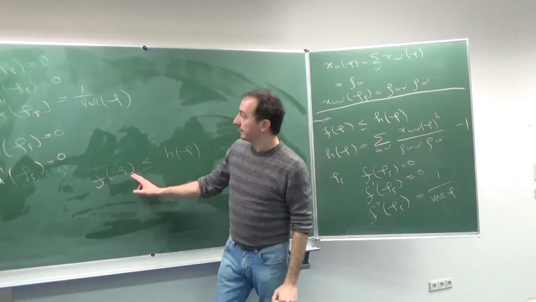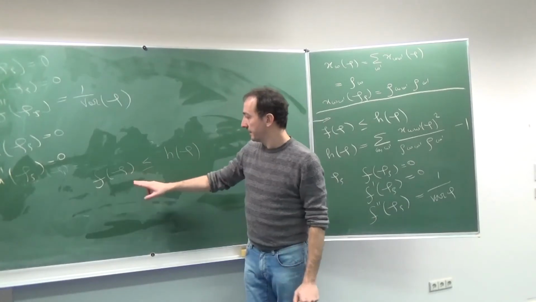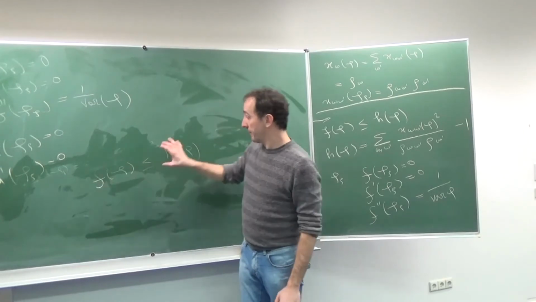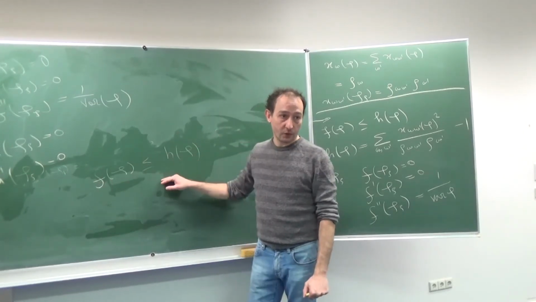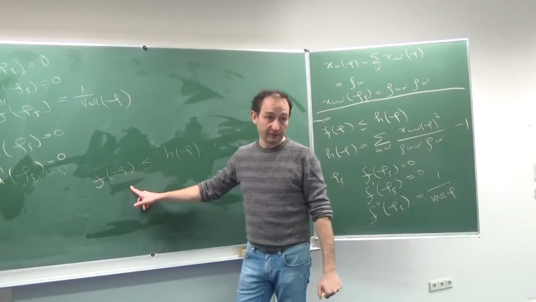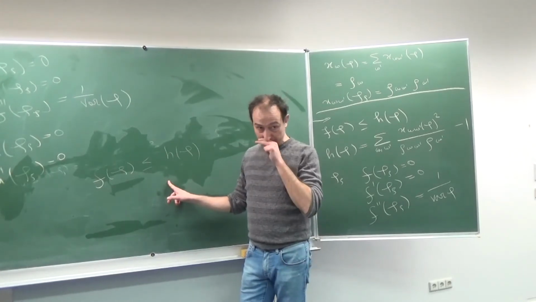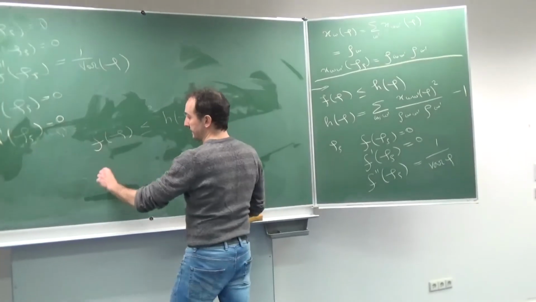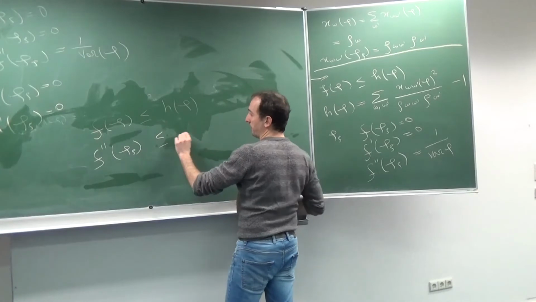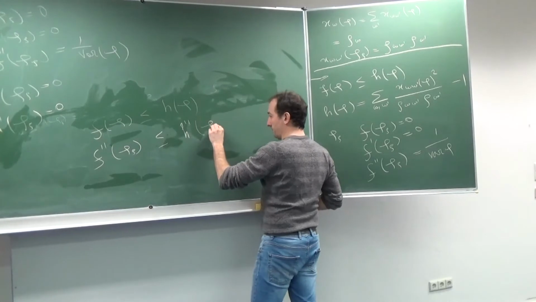But let's look at the vicinity of phi rho here, because at phi rho this is 0 and this is 0. The first derivative is 0 and this is 0, so for this inequality to hold in the vicinity of phi rho, it must be that the second derivatives are bounded by the same inequality. Therefore, we have that the second derivative of f at phi rho must be smaller than the second derivative of h at phi rho.